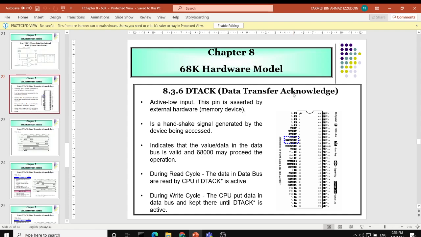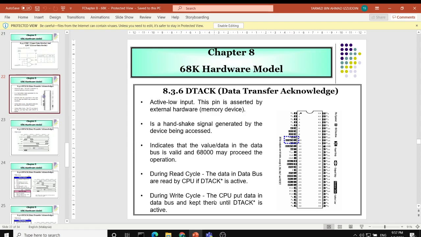It is used by your external peripheral to tell the 68K whether it is currently sending data or currently reading data. During the read cycle, the 68K wants to read the data bus, so it makes sure that the external peripheral is asserting DTACK as active.